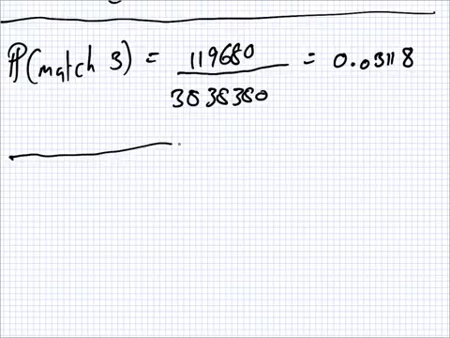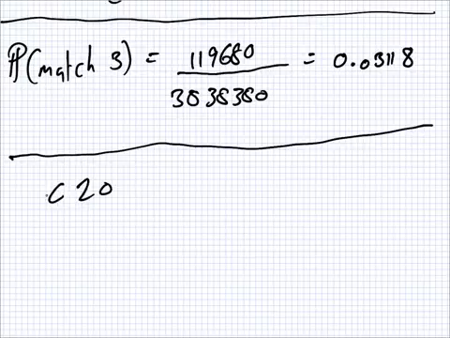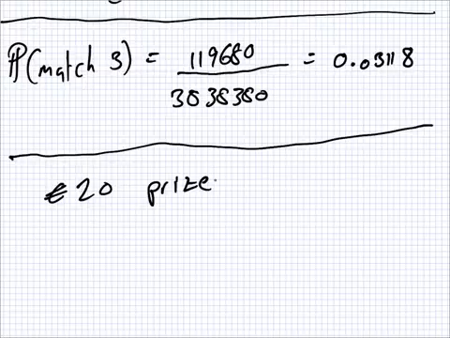Okay, the next part I want you to try for me is, let's say my small prize is, I don't know, 20 euros. This is the prize for matching 3. My question is how much the ticket should cost so the game is fair.